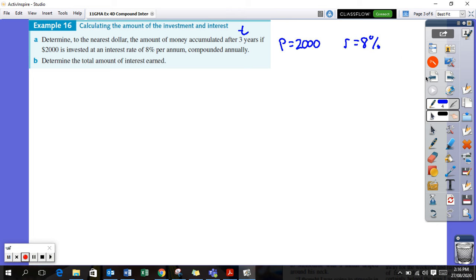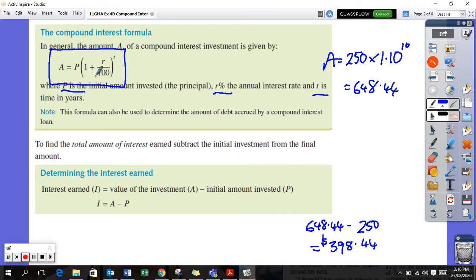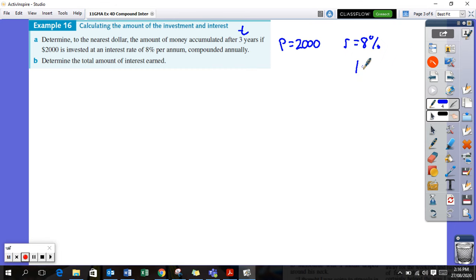So look at this formula, this 1 plus R over 100 is just going to be 1.08. I'm quite happy for you just to skip and just do that. 1 plus R over 100, effectively what we're doing, we're going 1 plus 8 over 100. You can put that in your calculator, you're going to get 1.08. So 8% is 1.08.